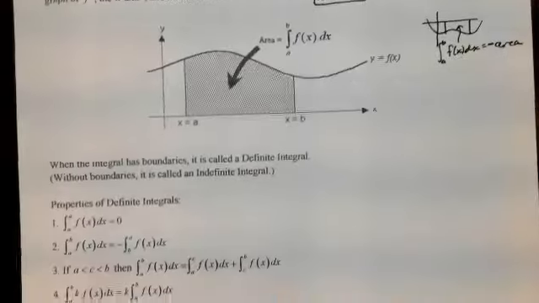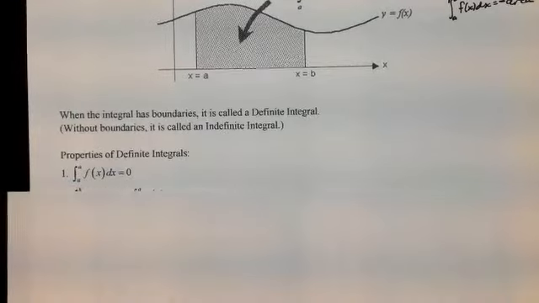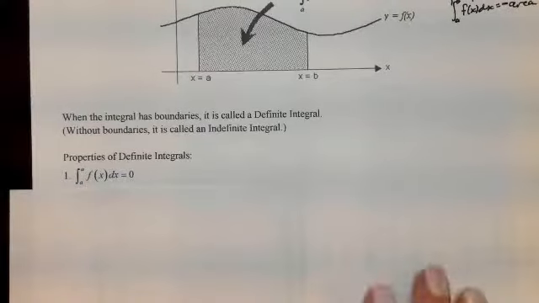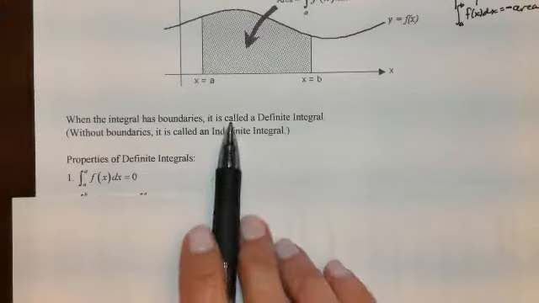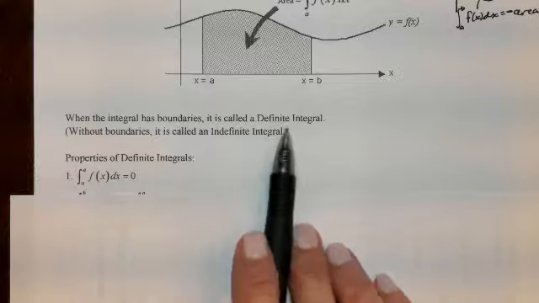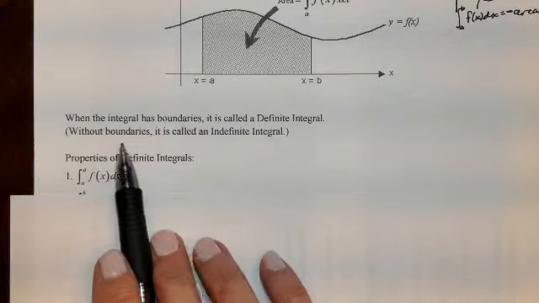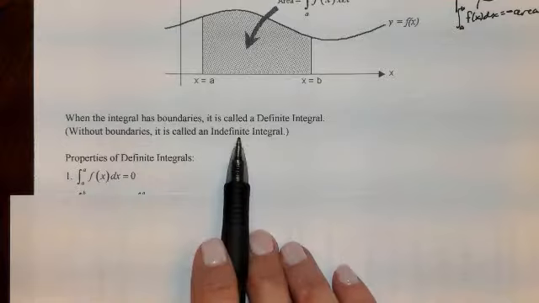All right. So first of all, we're going to talk about some properties, and I should probably cover these up so we can focus on one at a time here. I already talked about this last time, but when an integral has boundaries, it's called a definite integral, and if an integral does not have boundaries, it's called an indefinite integral.